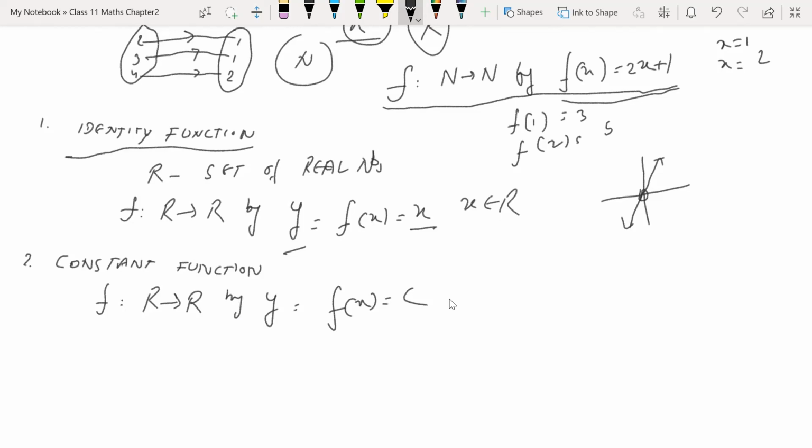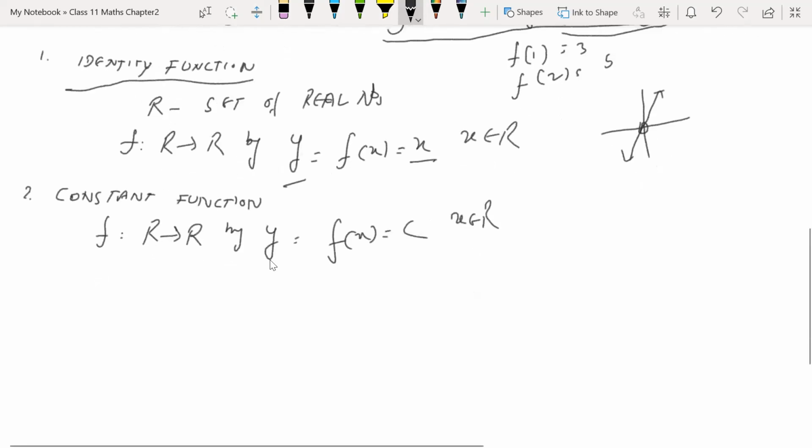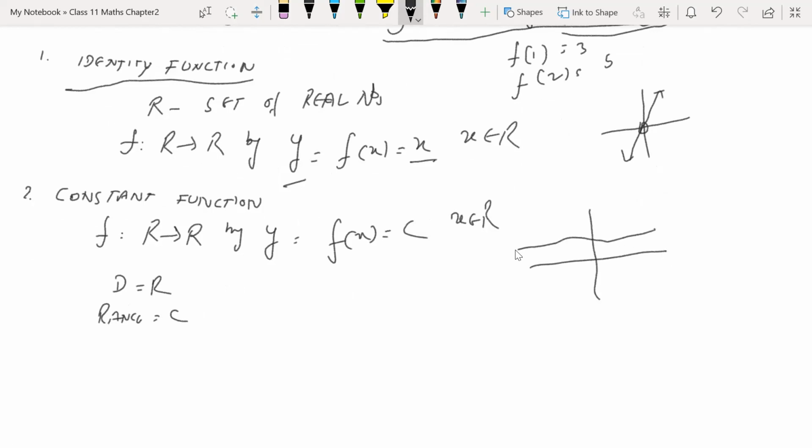It means this value is constant, where x belongs to R. c is a constant, and for each x belonging to R, what would be the domain? Domain would be R, the set of real numbers, and range would be c, that is the constant.